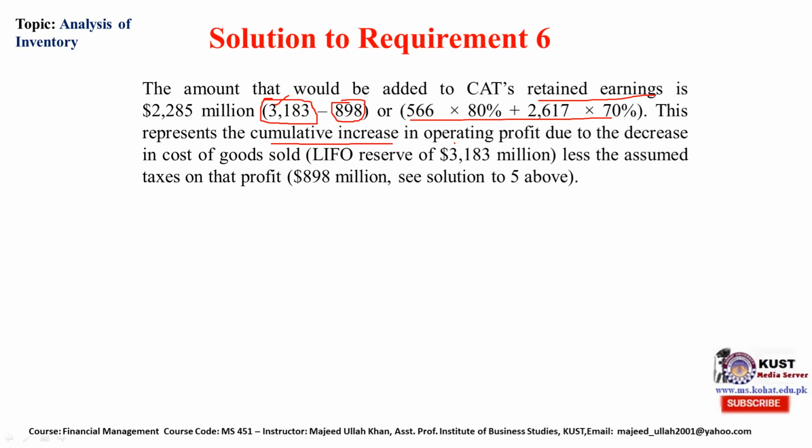Let's assume tax on that profit would have been paid. So it is calculated in solution 5. Now the total increase would be the total increase in gross profit minus the increase in taxes, that is $2,285 million, which would be added to the retained earnings.